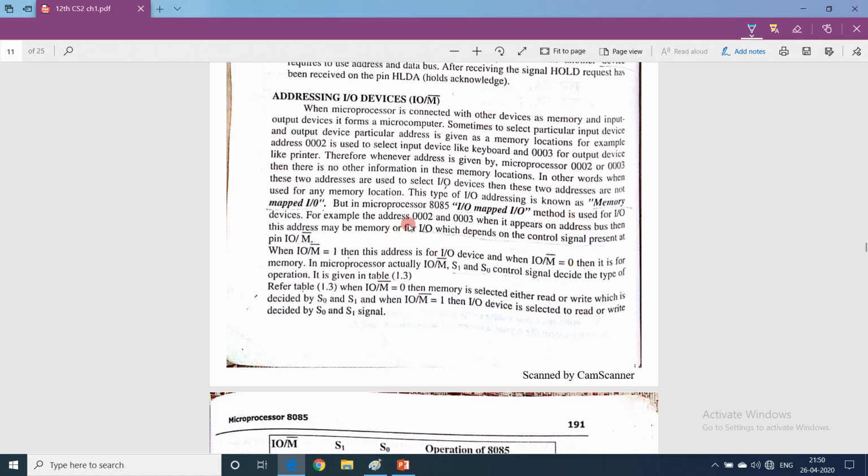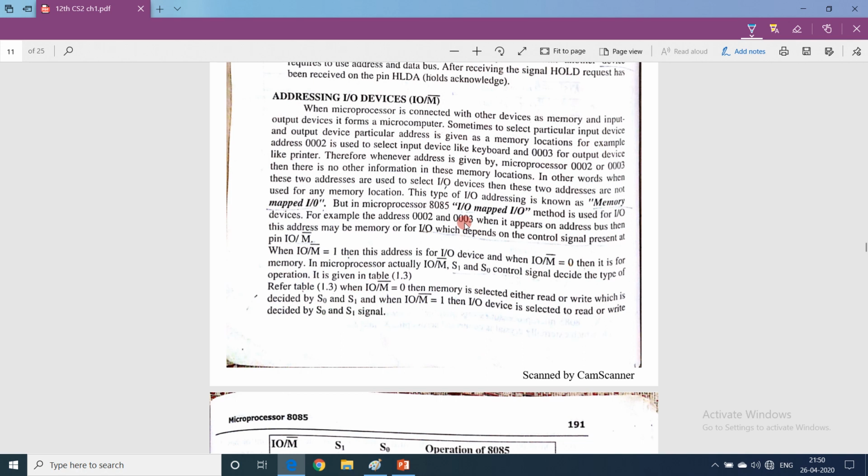For example, when the address 0002 or 0003 appears on the address bus, this address may be for memory or for input output devices. In the previous method, memory mapped IO, if one memory location was assigned to some input device, then it could be used only to address that input device.